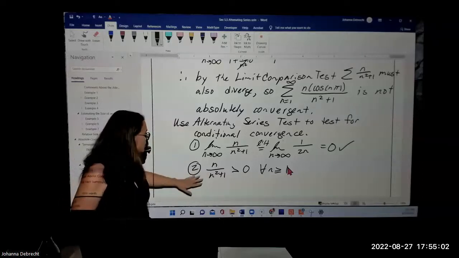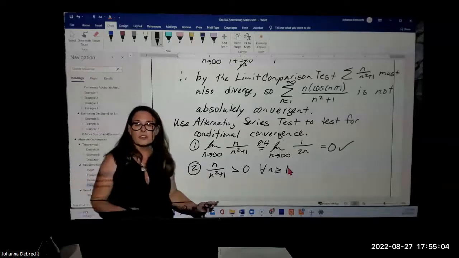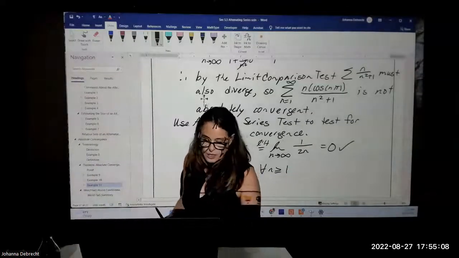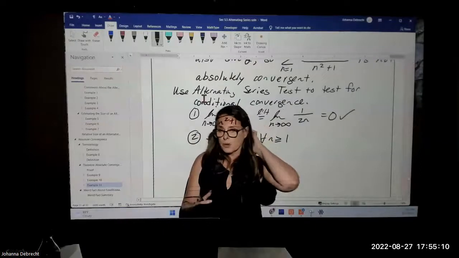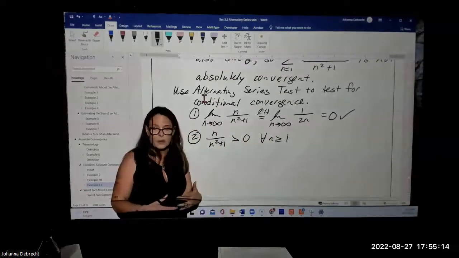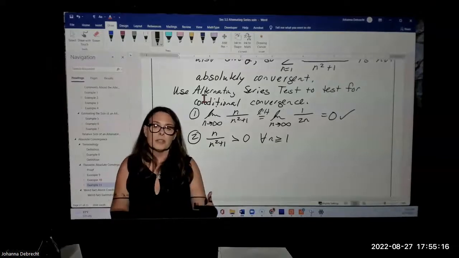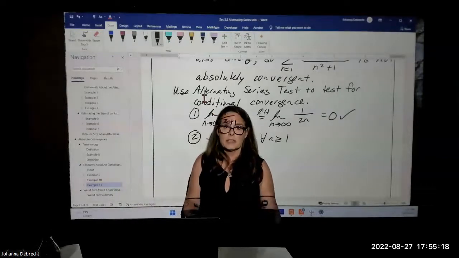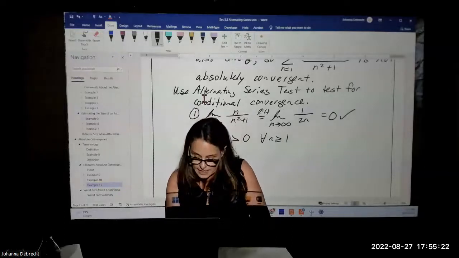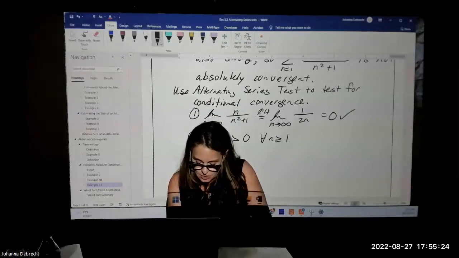All right, so then I need the third condition, which is that it's got to be decreasing. So when I look at that one, I have different ways of showing it. I can show a sub n plus 1 minus a sub n is less than 0, or I can show that a sub n plus 1 divided by a sub n is less than 1, or I can show that the first derivative is negative. So I need to show decreasing.